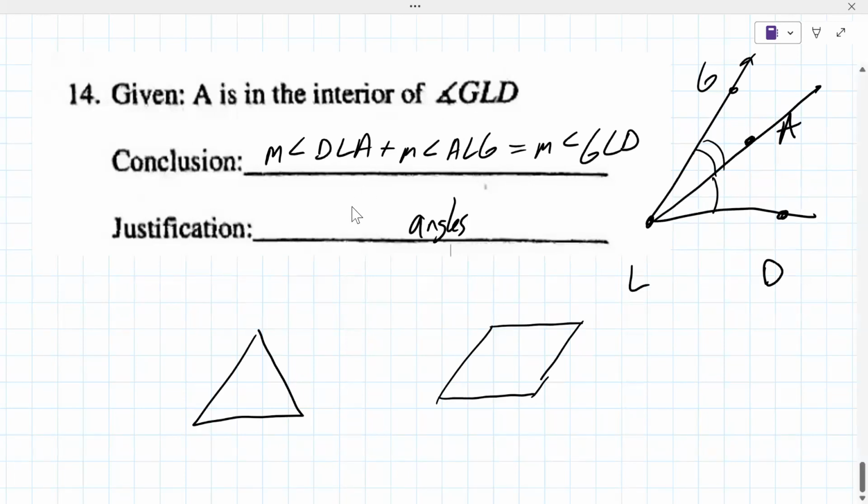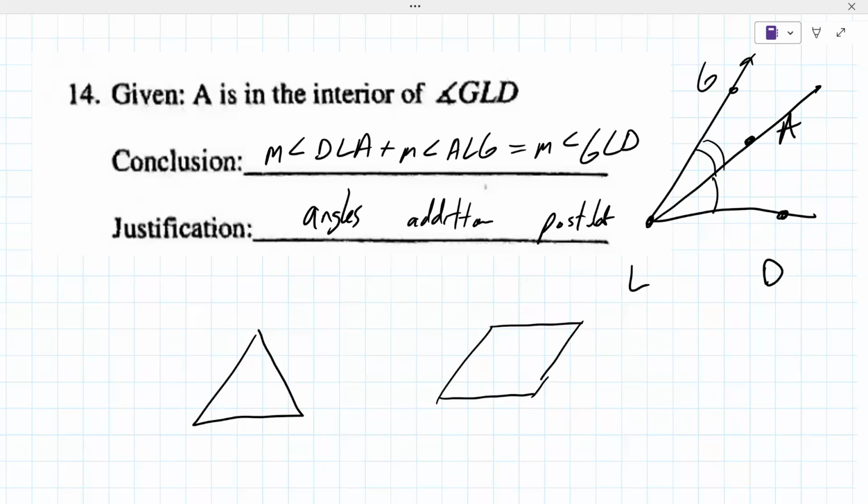What's the math operation that you're seeing? Addition. So angle addition postulate maybe, which says that two angles, the part plus the part, adds up to the total. Was that covered in class? Yeah, we did that today.